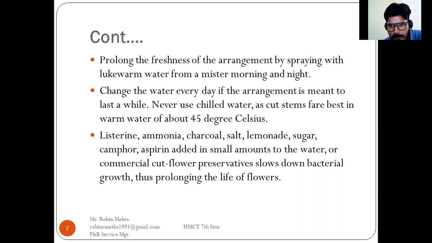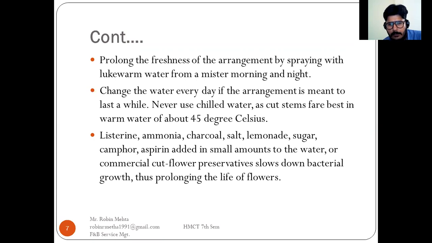In the next point, Listerine, ammonia, charcoal, salt, lemonade, sugar, camphor, aspirin added in a small amount to water, or commercial cut-flower preservative, slow down the bacterial growth, thus prolonging the life of the flowers. Whenever you are watering the cut plants which we use for flower arrangements, we can put these into the water in a very small amount.